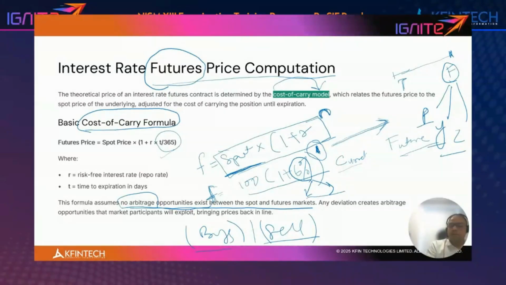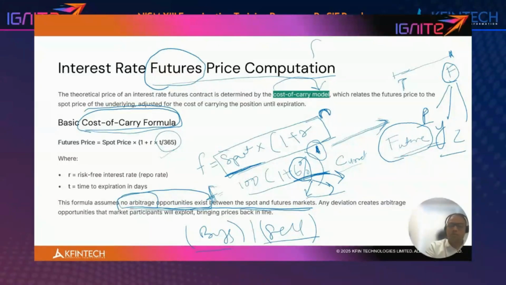Now, if it is exposed to that risk, that means the future price could be lower than what you anticipated. But what the cost of carry formula says is that there is no arbitrage opportunity existing between spot and future market. That means the assumption is that 6% will remain more or less the same throughout the period of the contract.